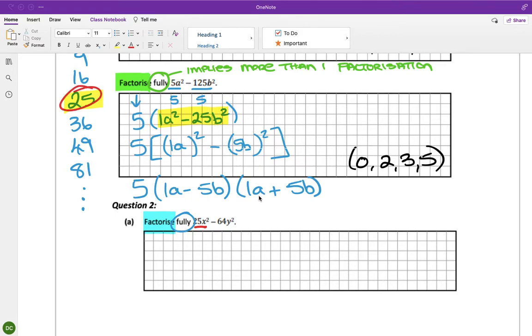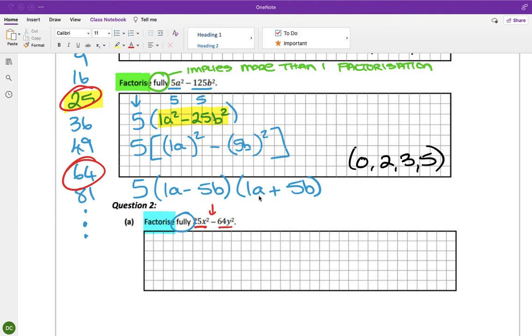This is a y squared and did I leave out 64? I did. So 7 squared is 49, 8 squared is 64, 9 squared is 81. So 64 is on that square list. And then you've got your minus in between. So this is a difference of 2 squares.